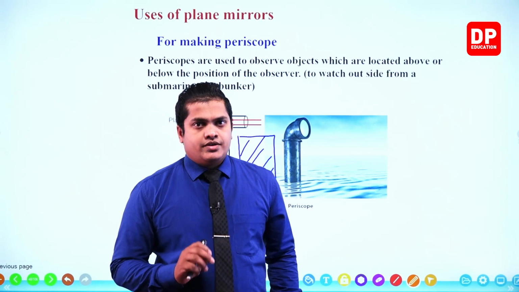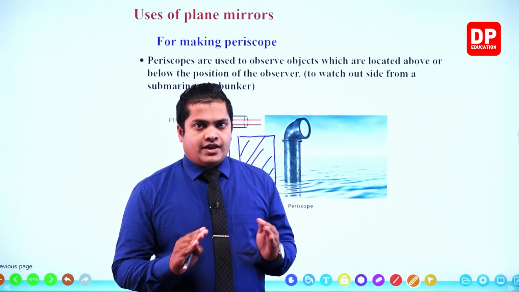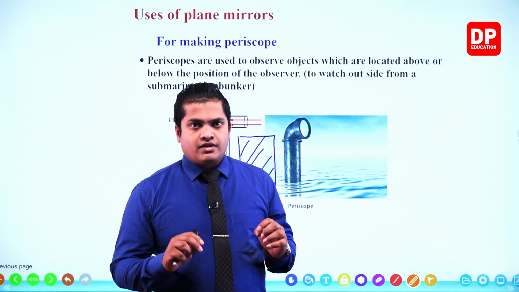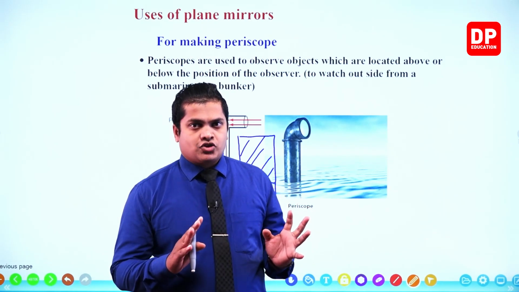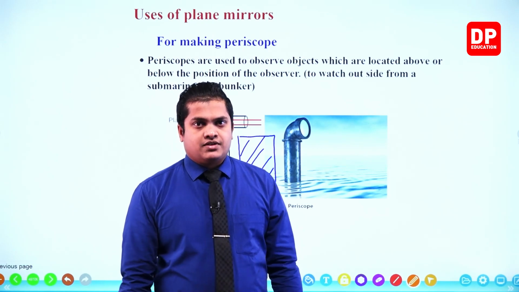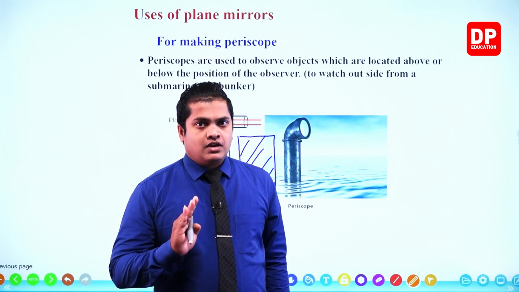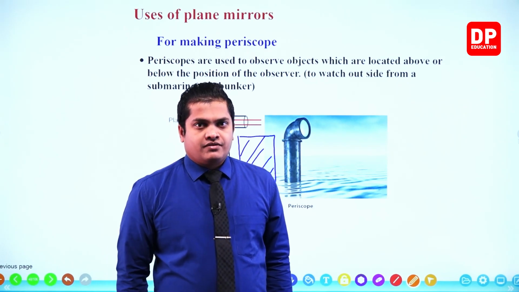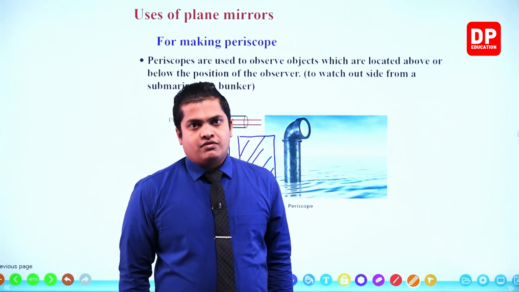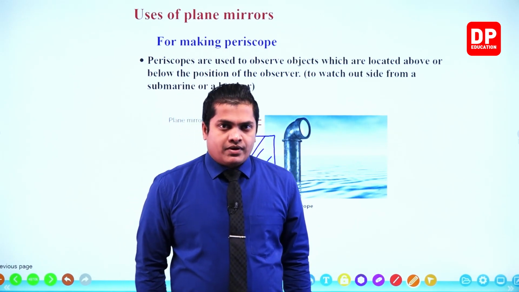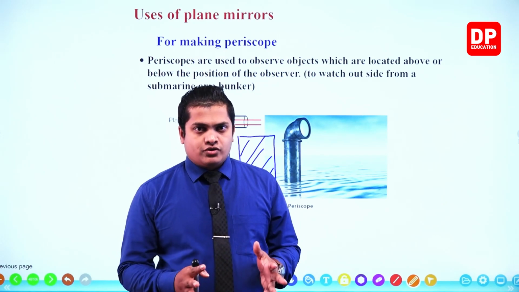Now my dear children, we have finished the first and foremost main topic related to the lesson, reflection and refraction of waves. We have finished the reflection of light waves. We discussed the properties of plane mirror images.